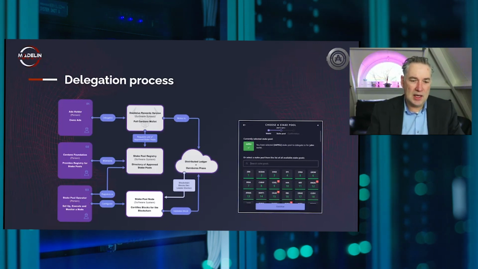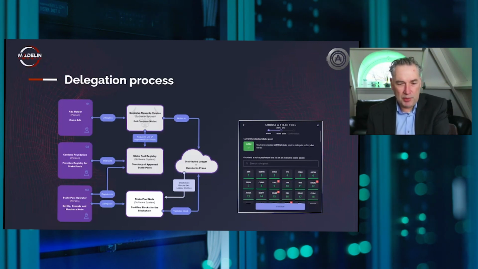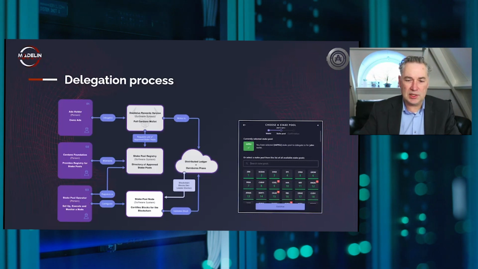The ADA is never leaving the wallet of the ADA holder. So it is not in the ownership of the stake pool. So basically, it's only a right that is being transferred to the stake pool.